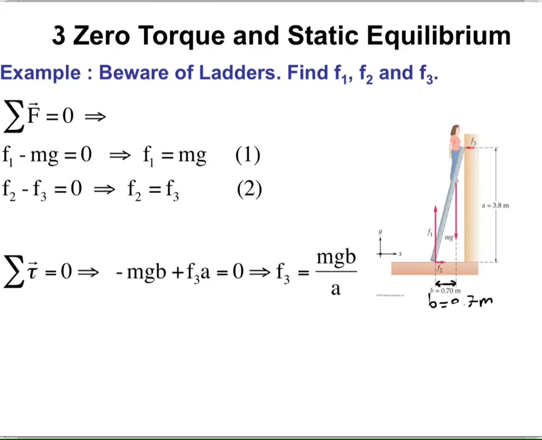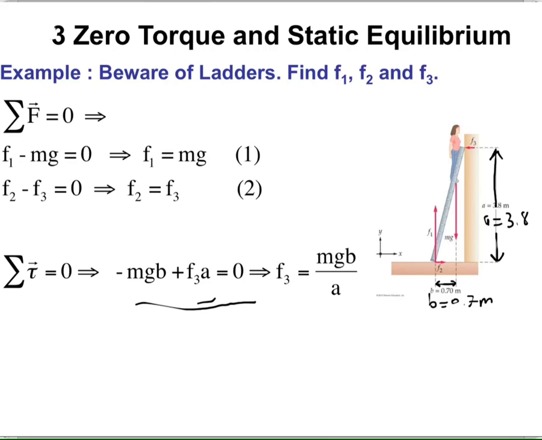Let me also write it. A is equal to 3.8 meters, and it is this distance, the perpendicular distance of the application point of F3 to the rotational axis. So F3 times A, and A is 3.8, whatever. So you can right away solve this last equation.